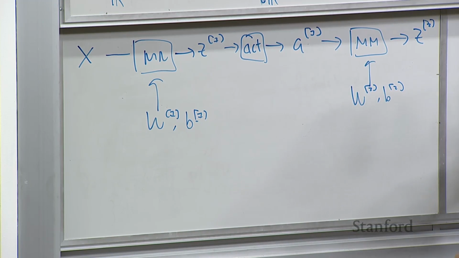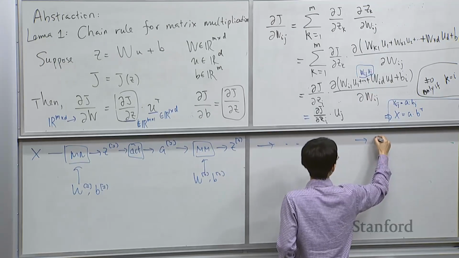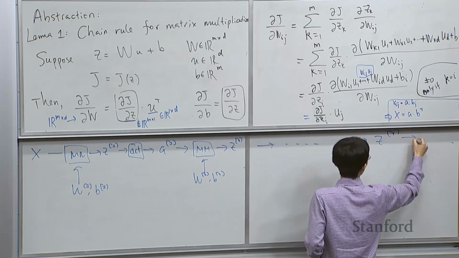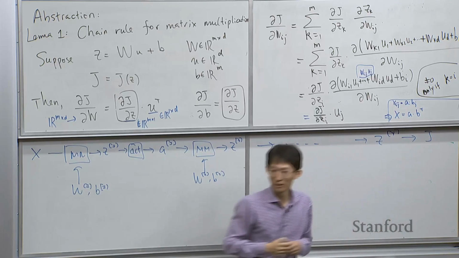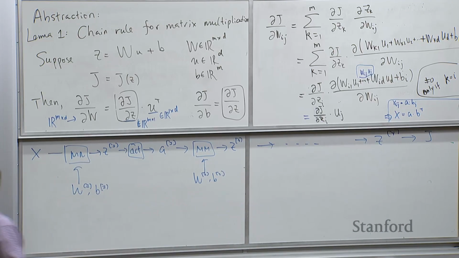And you do this repeatedly until finally you get ZR, and then you get the loss J. Okay, so this is the forward pass.